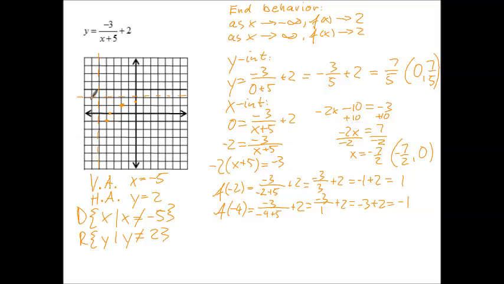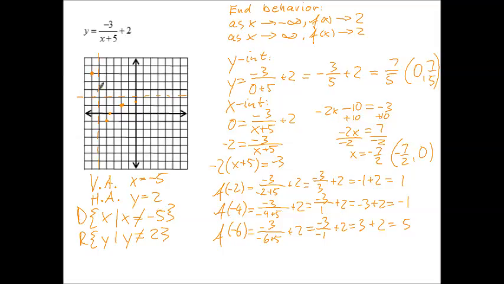So I'm going to go 2 steps more to the left and find the y-coordinate of the point -6. -3 over -6 plus 5 plus 2, which is -3 over -1 plus 2. 3 plus 2 is equal to 5. At -6, we get a y-coordinate of 5.